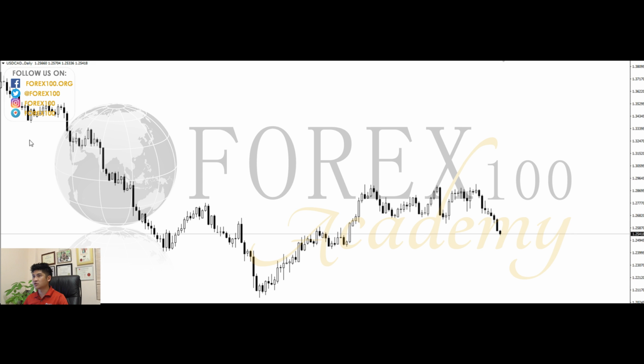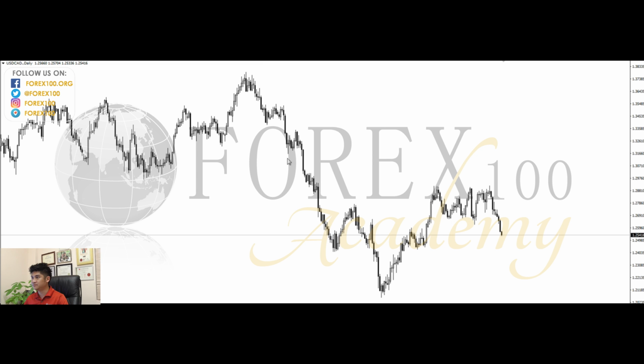Alright, so let us go straight into dollar Canada. So over here at dollar Canada itself, it is a daily chart. So it starts to have a setup that I personally pretty like myself. If I would minimize it a bit, what is this formation, guys? I know this part went a bit off, but to me it is still valid.